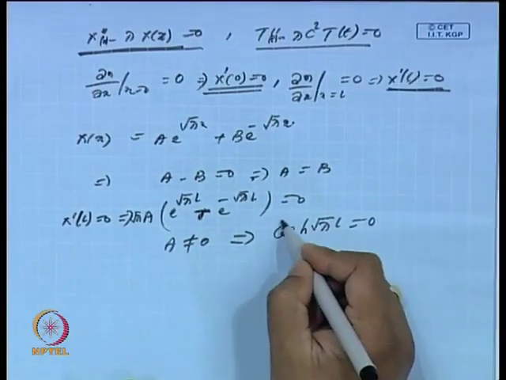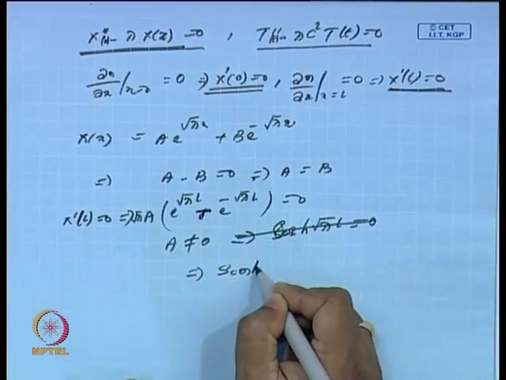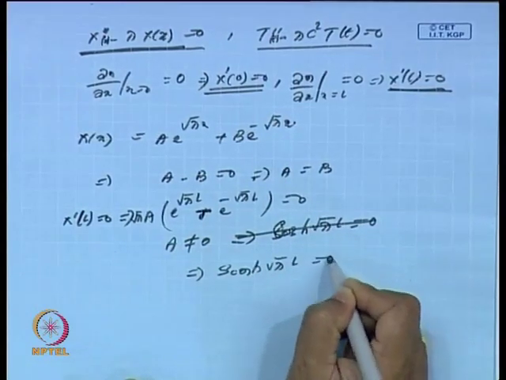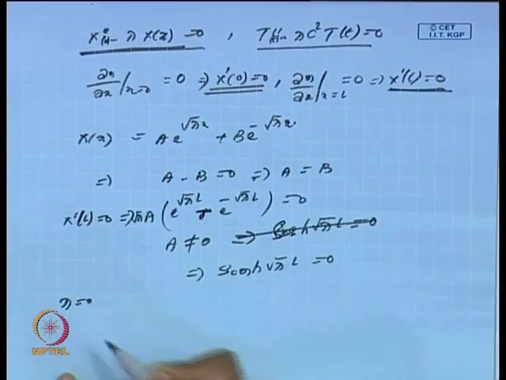So, we will have sin hyperbolic lambda L is 0. Now, question comes, if lambda is 0, L is non-zero.